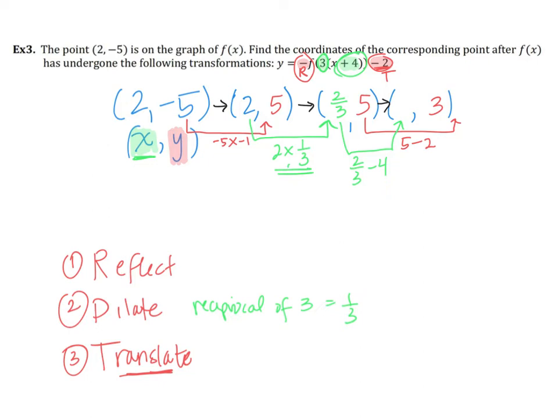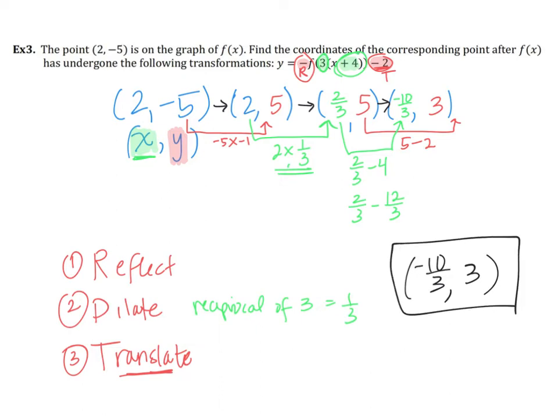So instead of going to the right 4, I'm actually going to go to the left 4. I need to subtract 4 in order to shift 2/3 to the left 4 units. Now 4 is the same as 12/3. So 2/3 minus 12/3 is -10/3, or you could put -3 1/3. If you knew that, that's fine too. So my final answer for this point after those transformations would be (-10/3, 3).